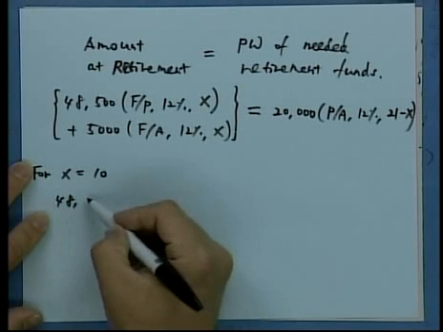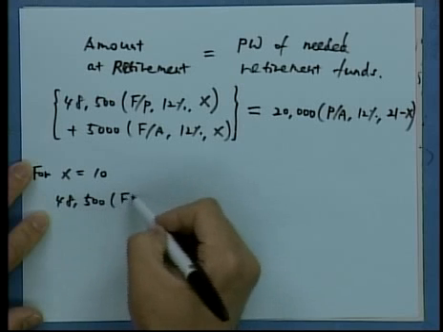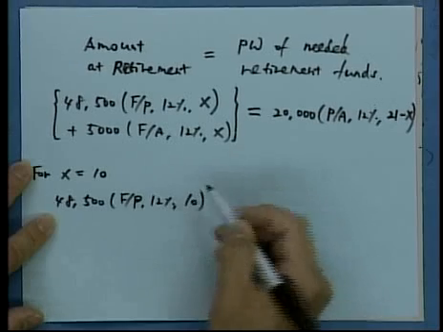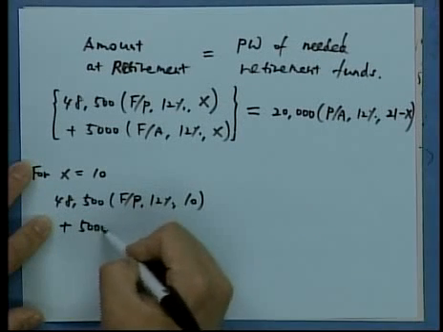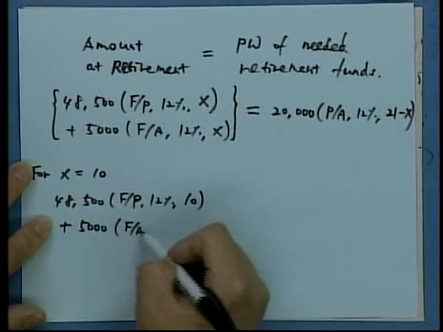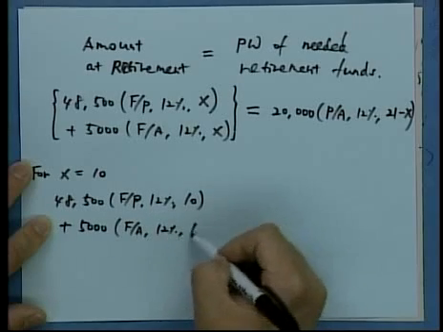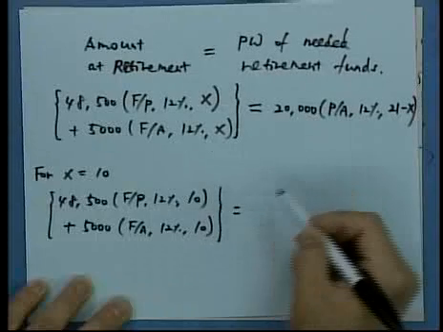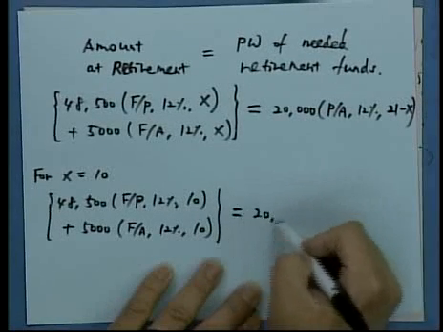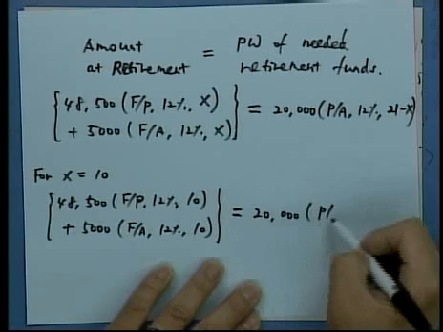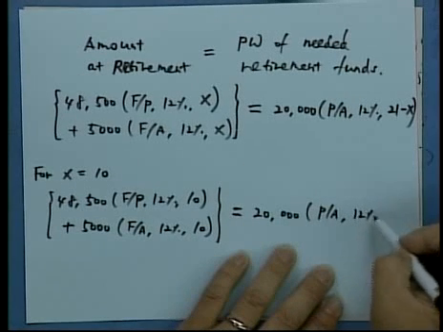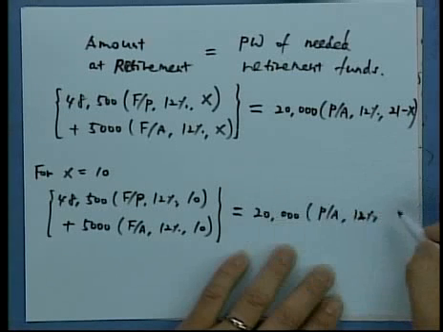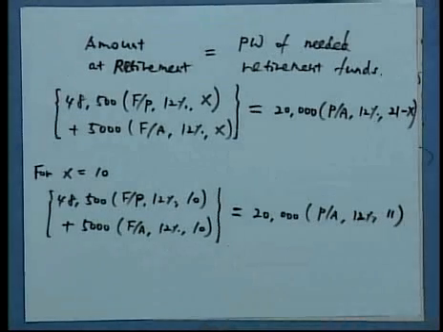It's going to be 48,500 F given P, 12% over 10 years plus 5,000 times F given A, 12% over 10 years, equal to 20,000 times P given A, 12%, 21 minus 10 is equal to 11, right?